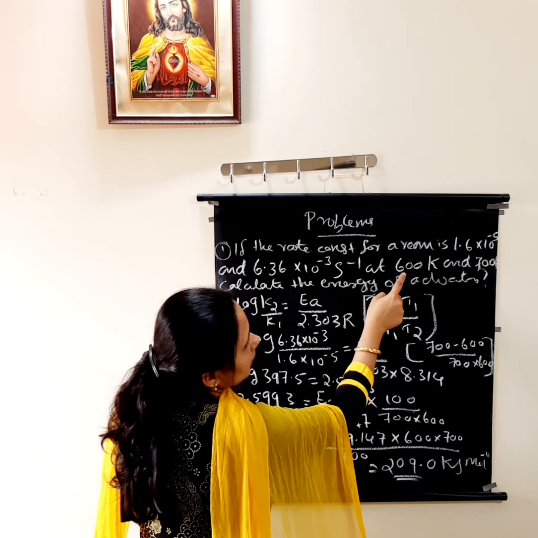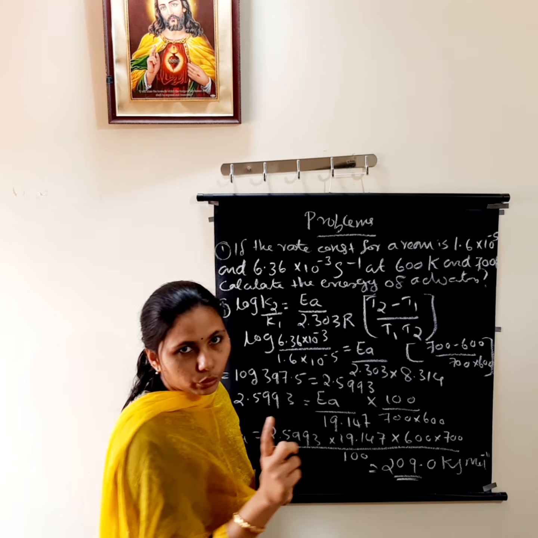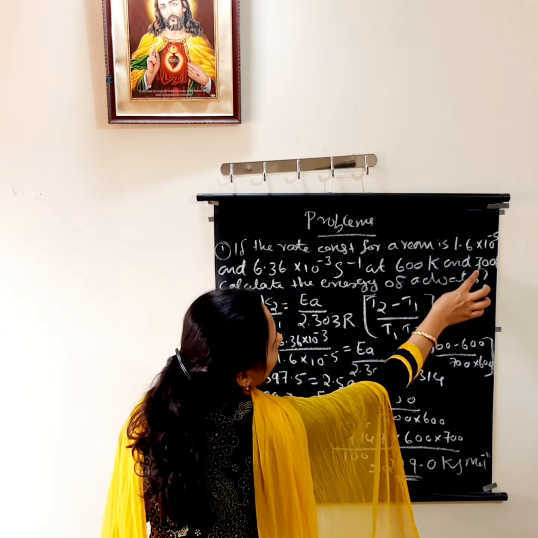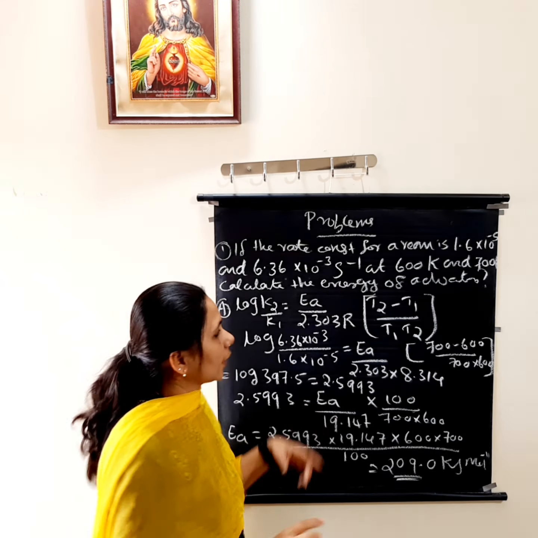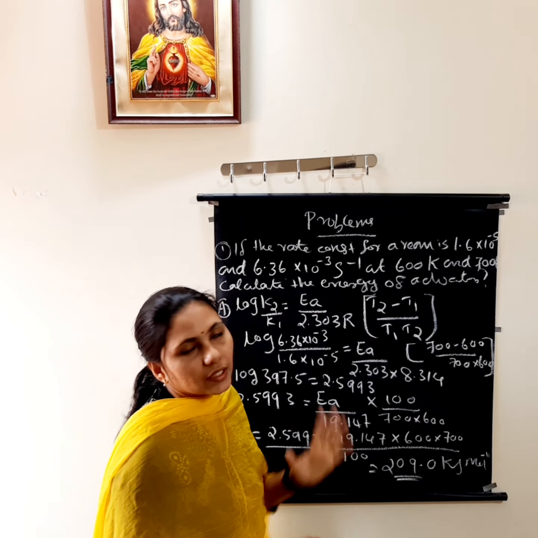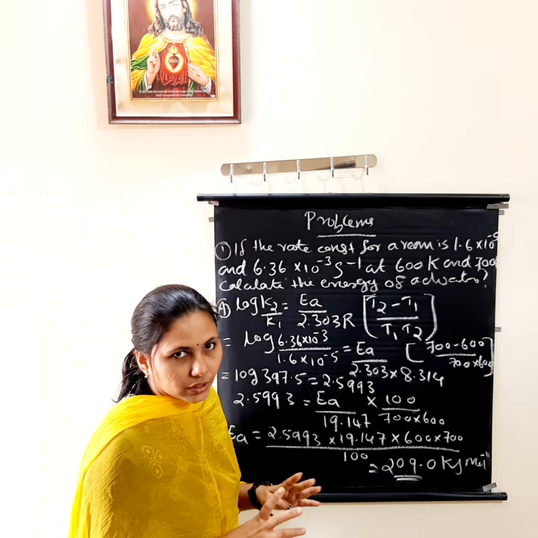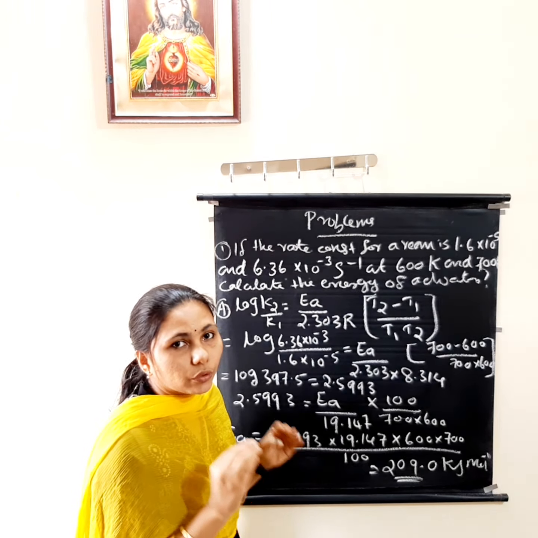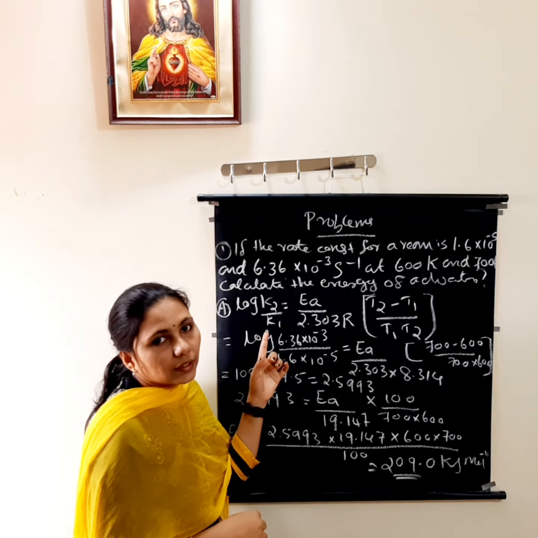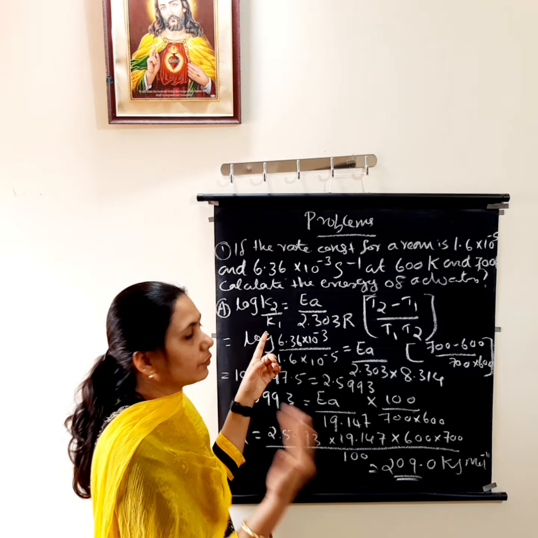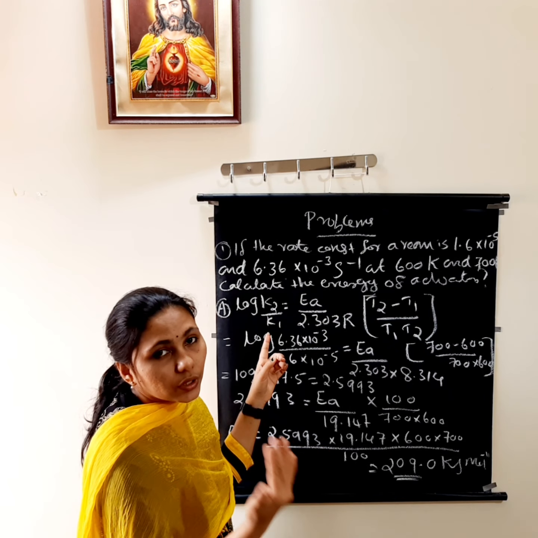At 600 Kelvin it is 1.6 × 10^-5, and at 700 Kelvin it is 6.36 × 10^-3. Calculate the energy of activation. We know the main function of the Arrhenius equation is to help calculate the activation energy. So we have to write the Arrhenius equation at two different temperatures.